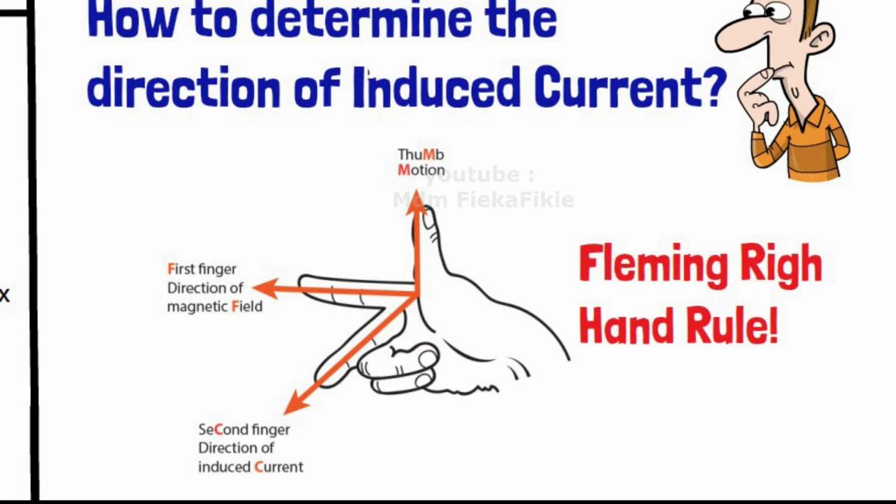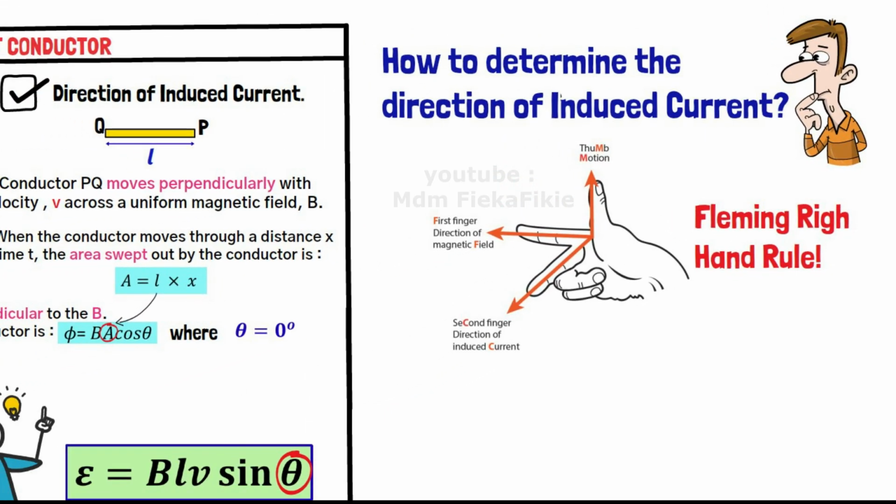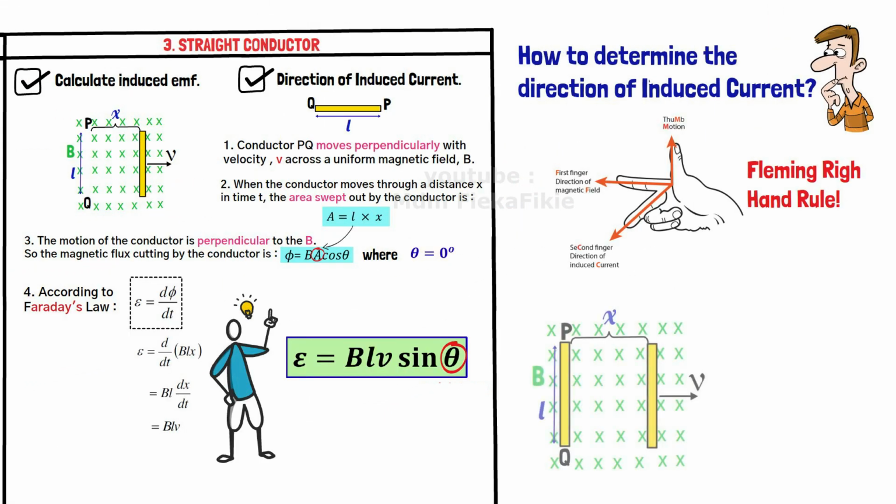Okay, so kita ada highlight untuk cara you ingat lah. Okay, VBI, V is for your thumb, direction of V, and B is your index finger, iaitu jari telunjuk, and the last one, your middle finger represents the direction of the induced current. Okay, jadi untuk contoh tadi, jom kita cuba. What is the direction of the induced current for this example?